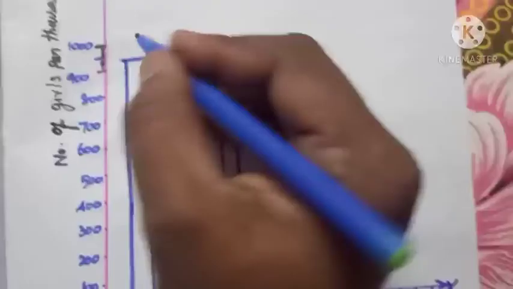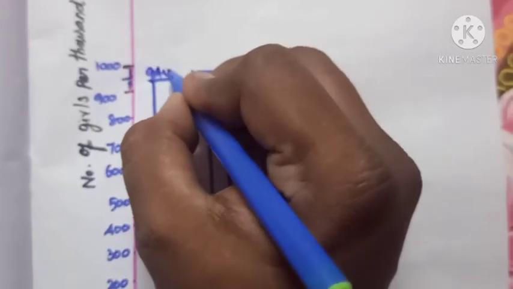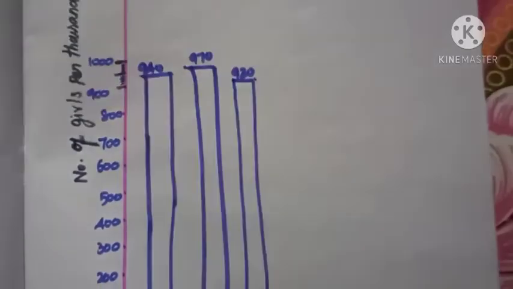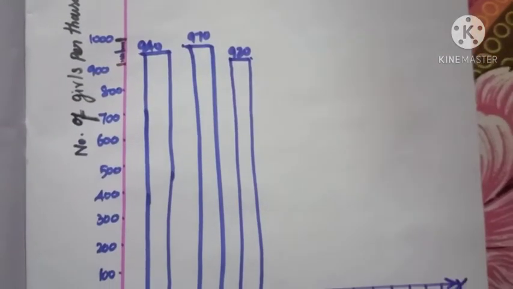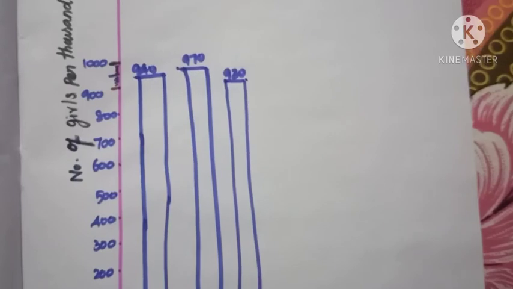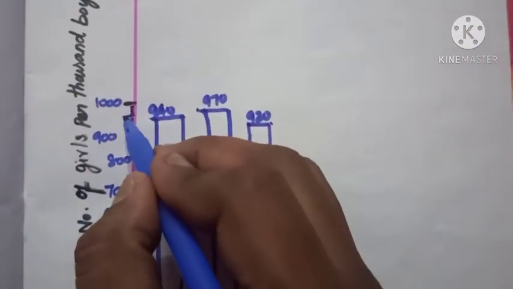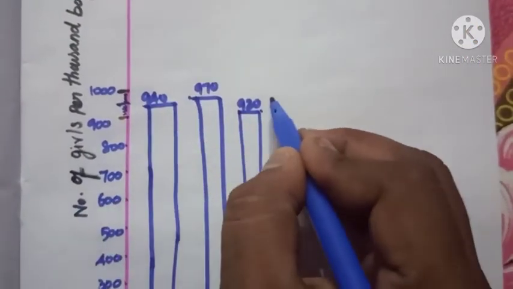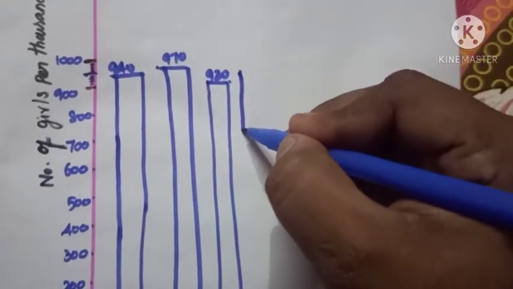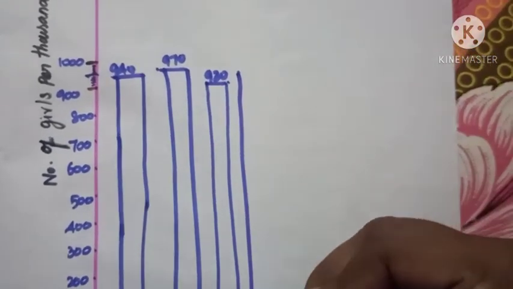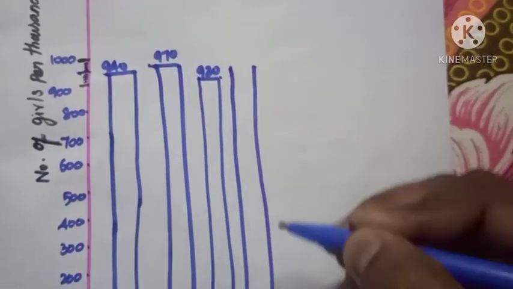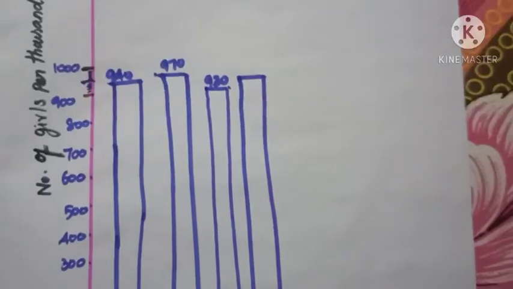So here this is 940, this is 970, and this one is 920. And next, backward district is how many? 950. So 950 I already mentioned here. This one is 950, a little bit far above 920. So here we draw the graph for 950.